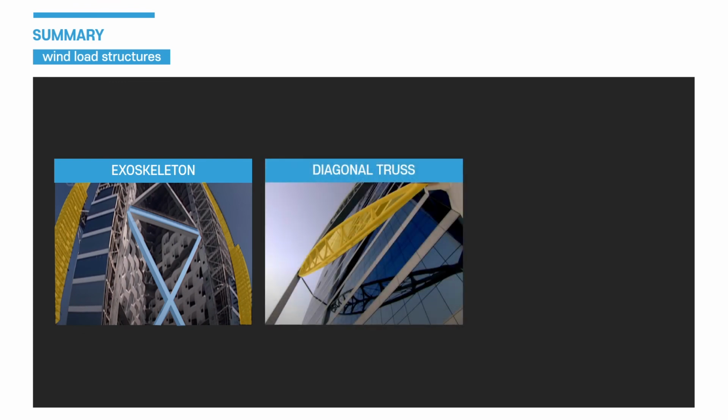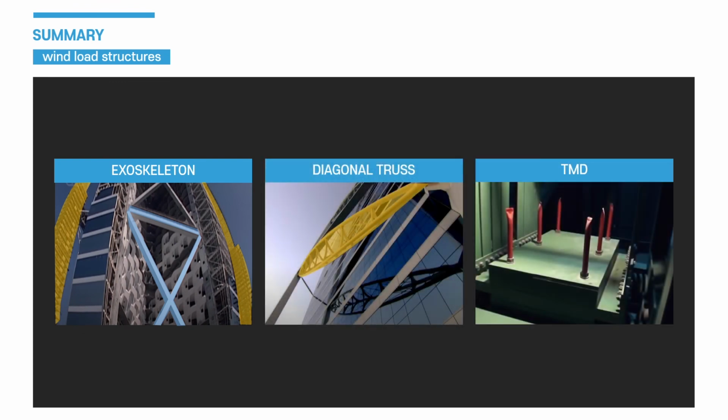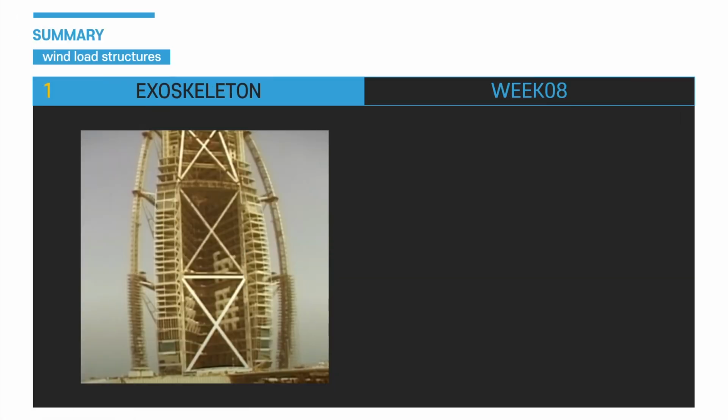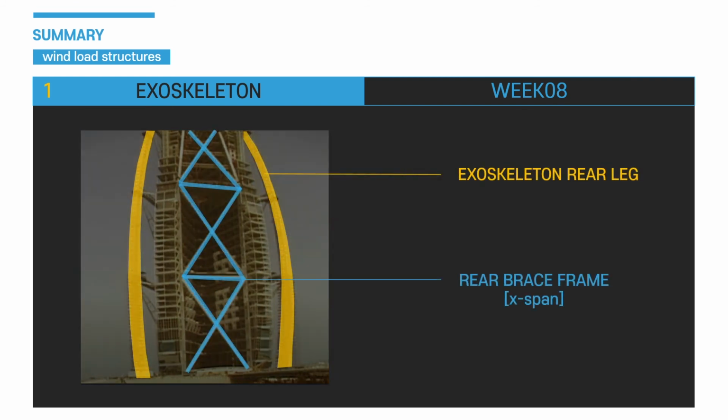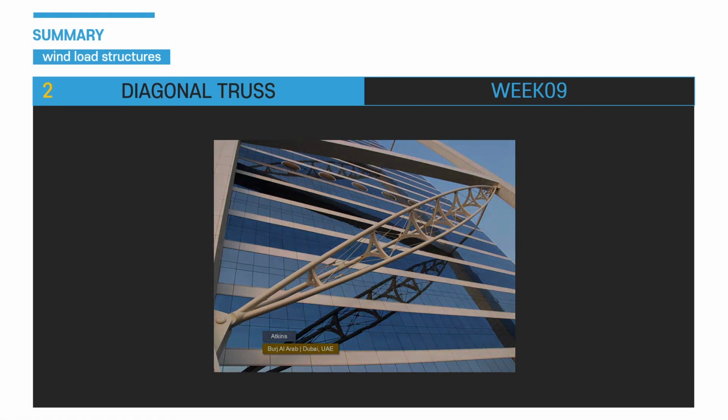For the past 3 weeks, we've looked at 3 structures that resist wind load: exoskeleton, truss, and TMD. Exoskeleton consisted of rear leg and rear brace frame. The truss was created in a spiral form and extra 8 trusses supported one big truss.